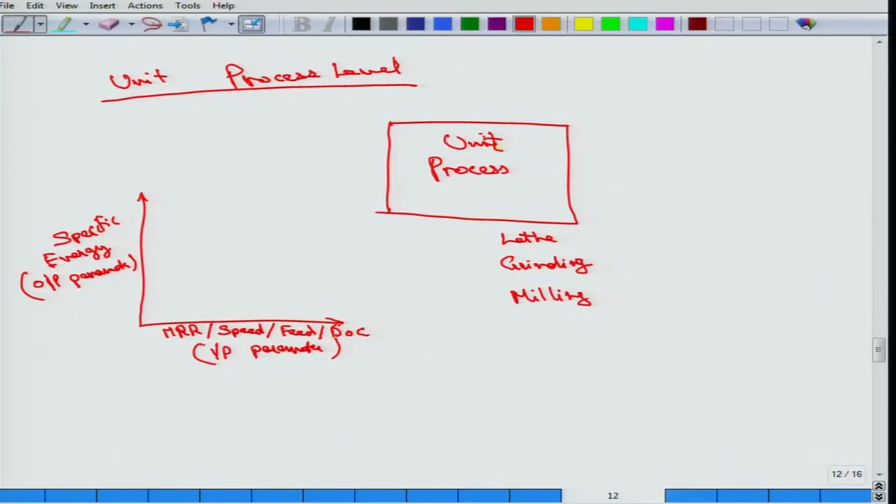So, some kind of plot would come. So, this is specific energy. This can be compared with the quality parameters.